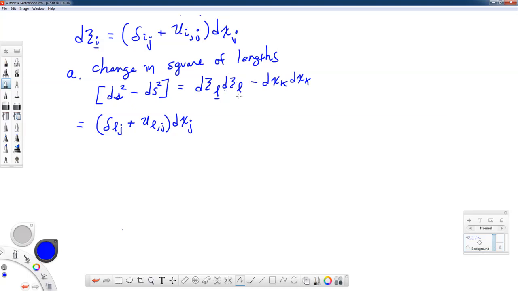And we have one more just like it to represent the second term. Kronecker delta lj plus ul, comma j. Now I can't use j. I've already used it in this pair. I'm just going to have to use something else.